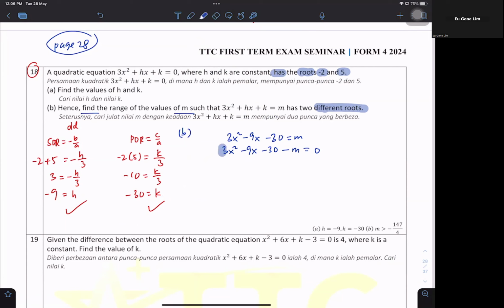The a is 3. What is the b? -9. What is the c? -30 minus m. This is the a, this is the b, this is the c. Then you can use the formula for different roots. Understand?